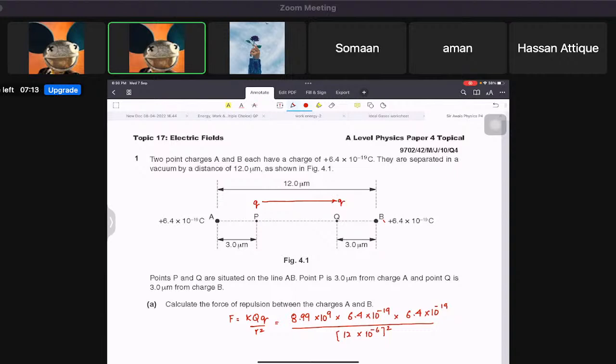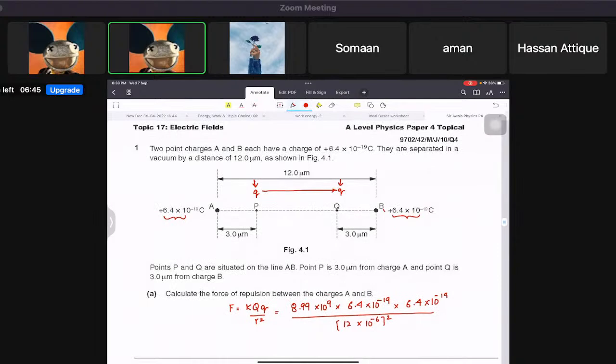If you look at it, both charges are of equal value and they're repulsive as well. So whatever the potential here is, that would be the same potential here. So when you move from here to here, the change in potential will be zero. And if the change in potential is zero, then according to the work done equation, which is change in potential times charge, the net work done is zero, right?